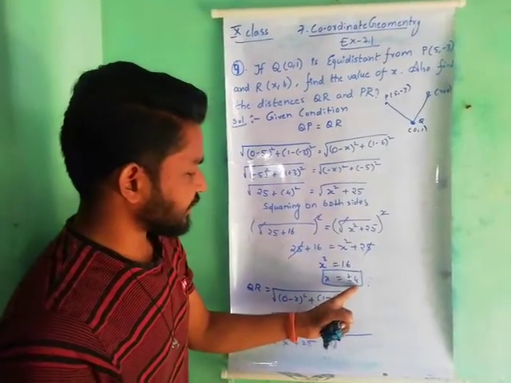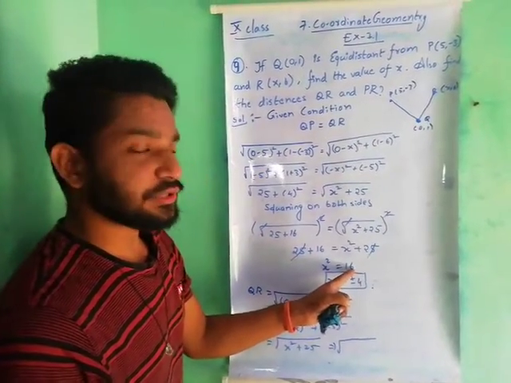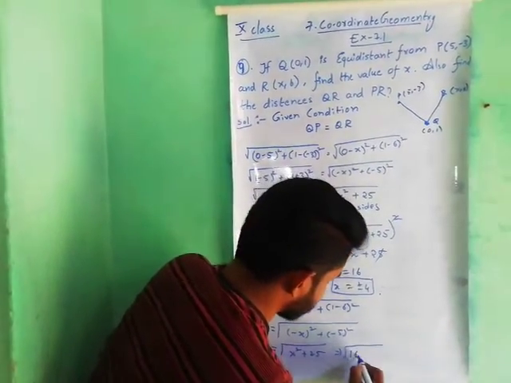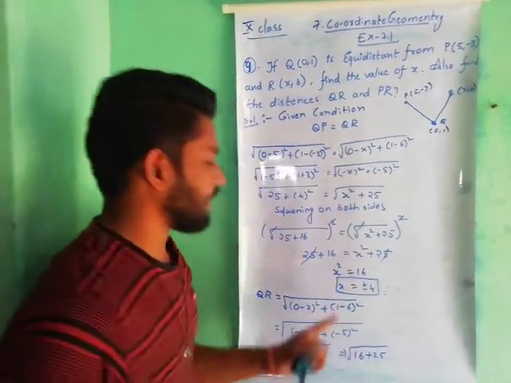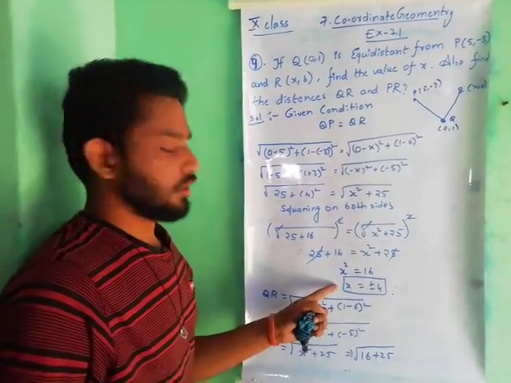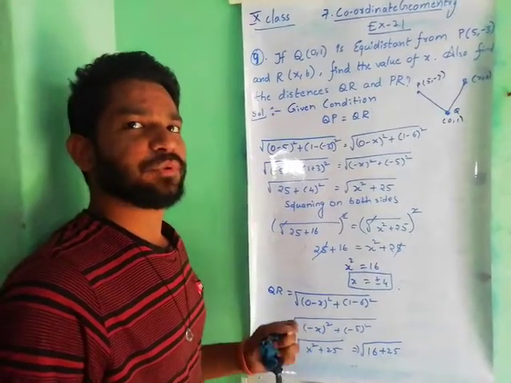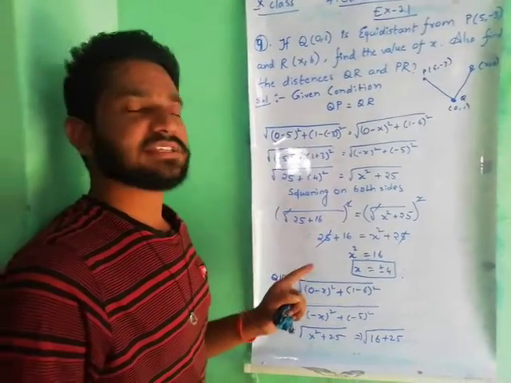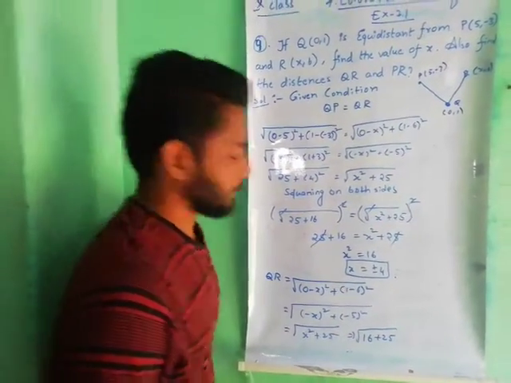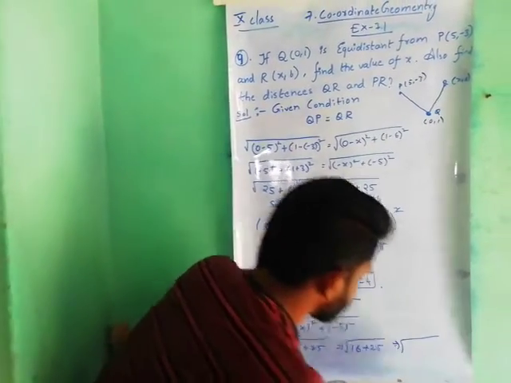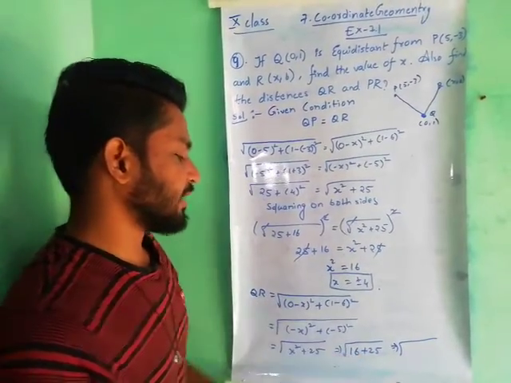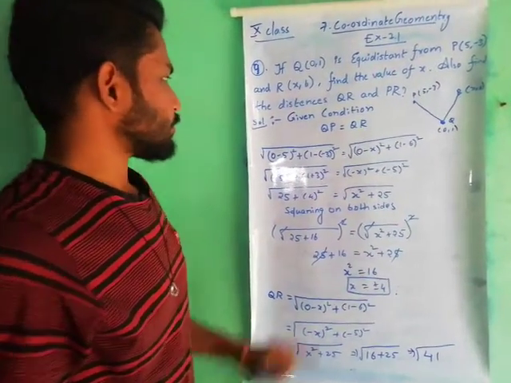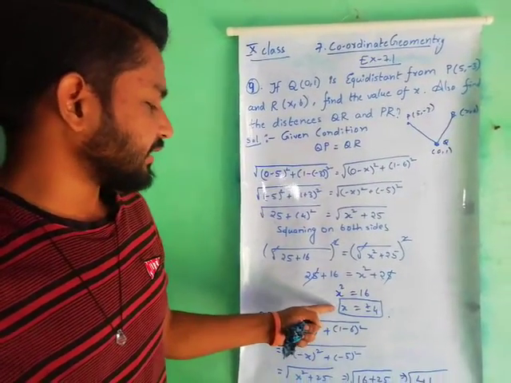Here we are getting x equal to plus or minus 4 and x square is equal to 16. If you put x equal to plus 4 or minus 4, the square makes x square 16 only. So 25 plus 16 is 41, and the root is root 41. So first, by using the condition, I found the x value, and next I found the QR value.